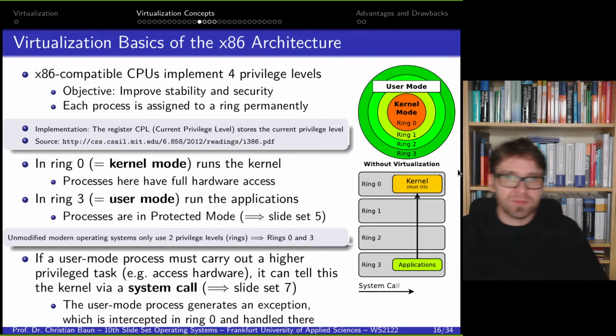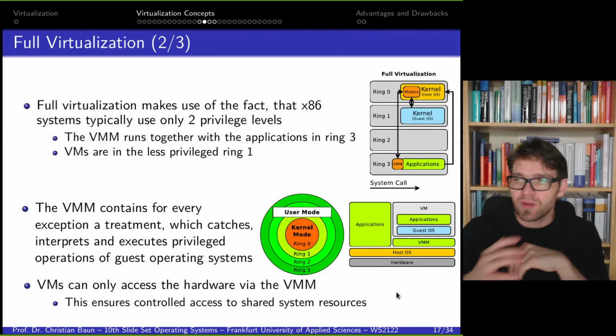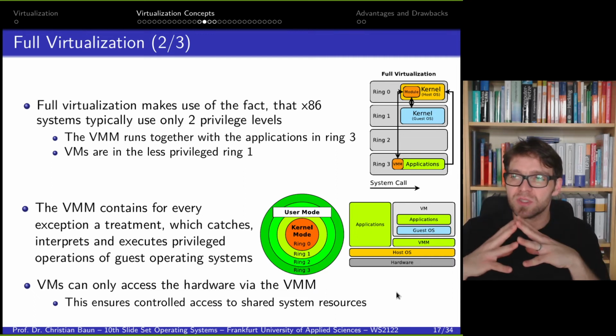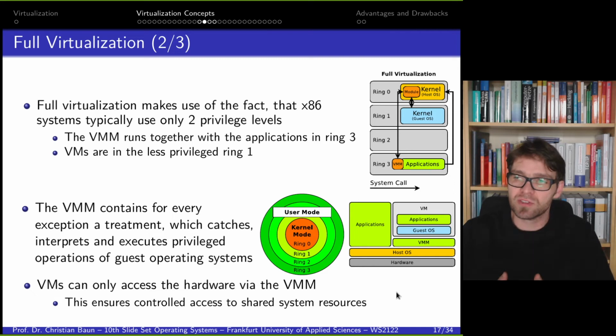So let's get back to full virtualization. If we talk about full virtualization and its implementation, we have learned that in ring 0 we usually have the kernel, the host operating system, and in ring 3 we have the applications.